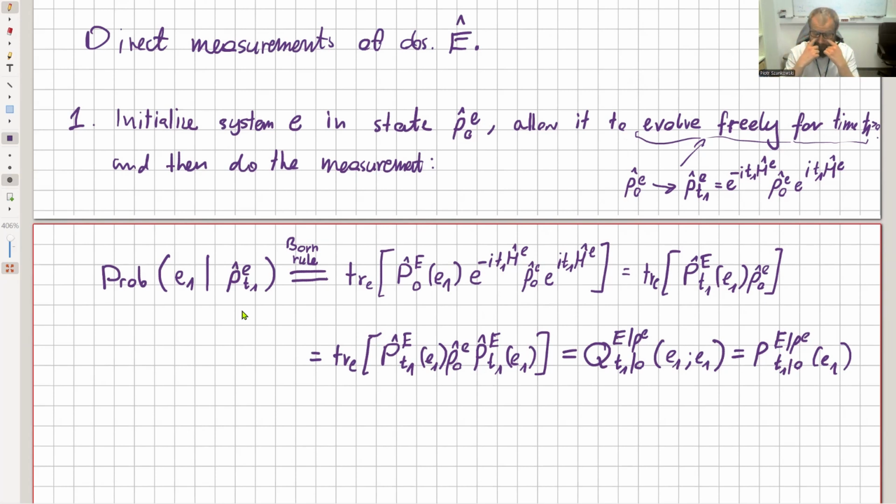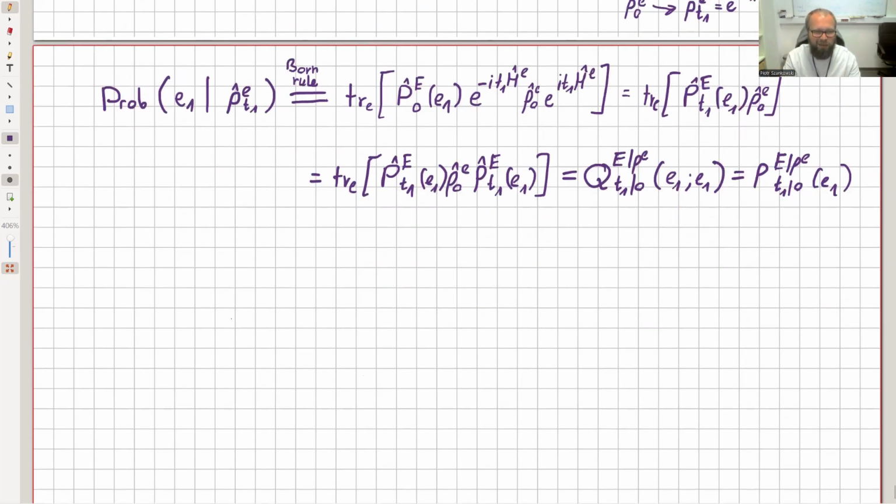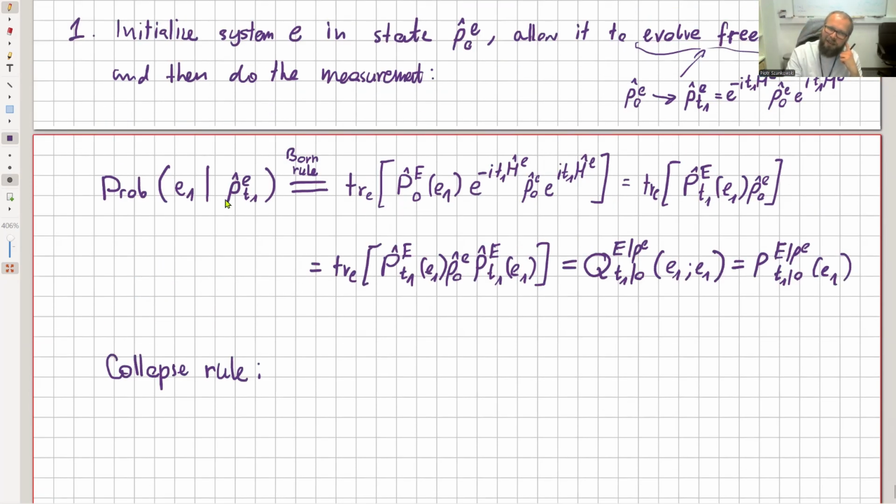Now, to continue on towards the next measurement, we have to deploy the collapse rule. The collapse rule tells us that once the measurement is concluded, we have to make this assignment to the state of the system post-measurement.